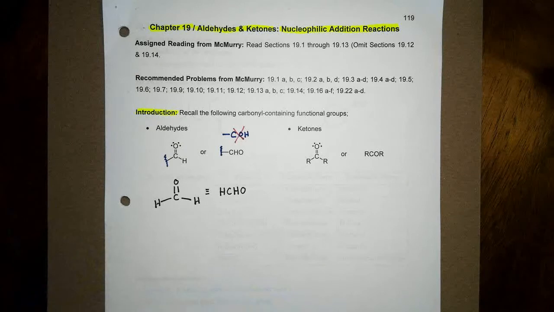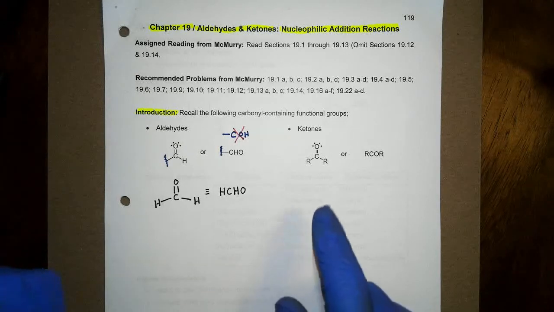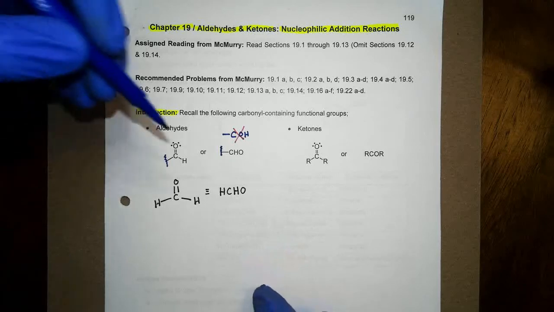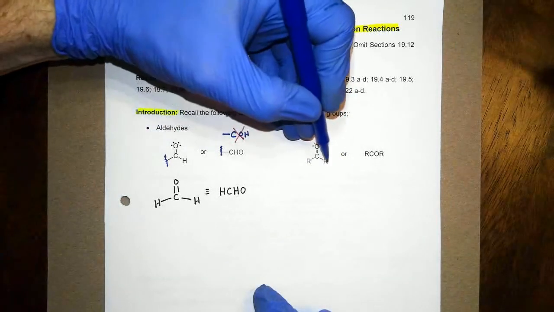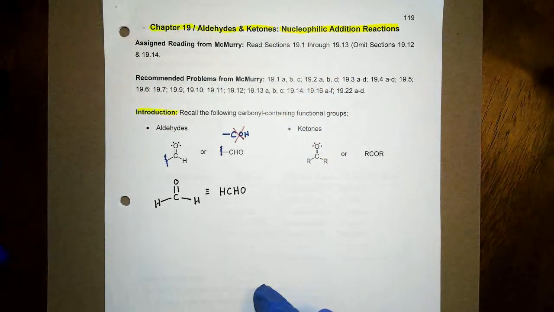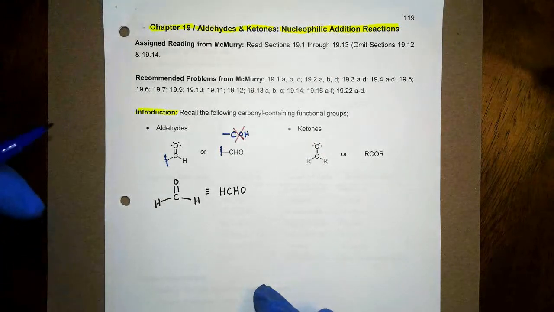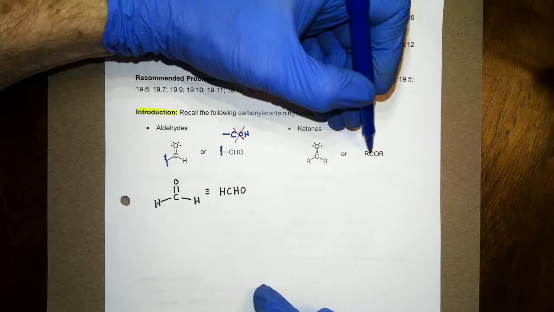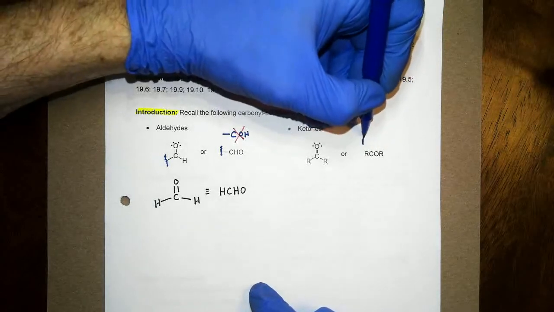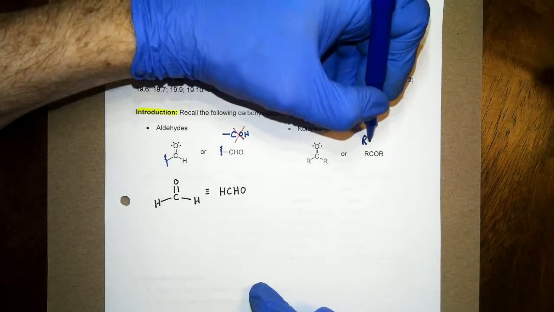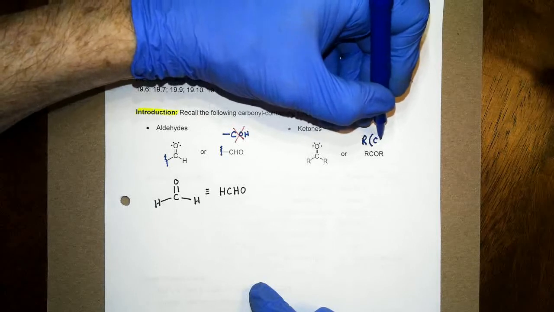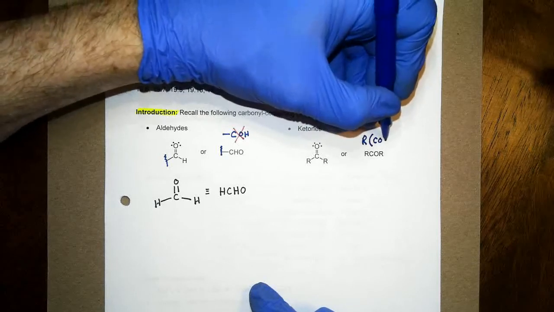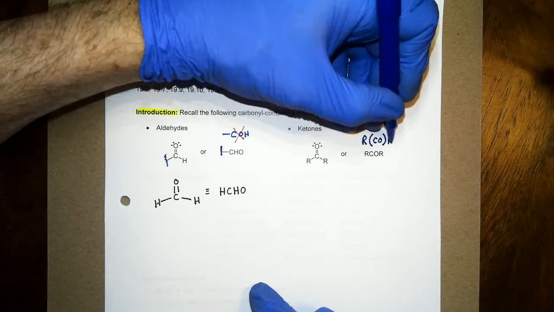Now let's go to the other side where I have the generic structure of a ketone. Ketones, of course, are different than aldehydes in that they have carbons on both sides of the carbonyl. Okay, and again, we can abbreviate it using this string of letters. And sometimes, if you see it abbreviated, you may see brackets around this CO, like that.